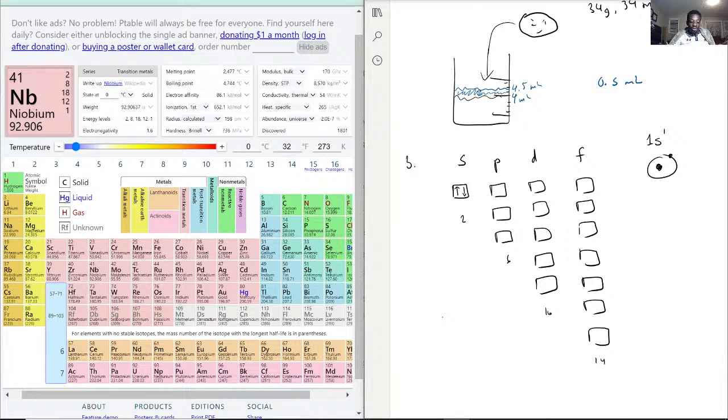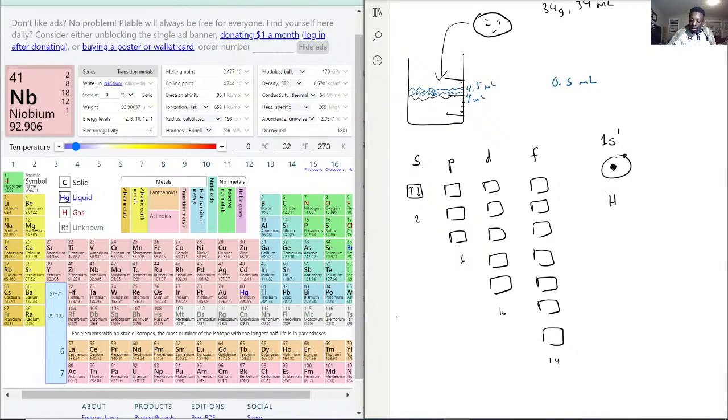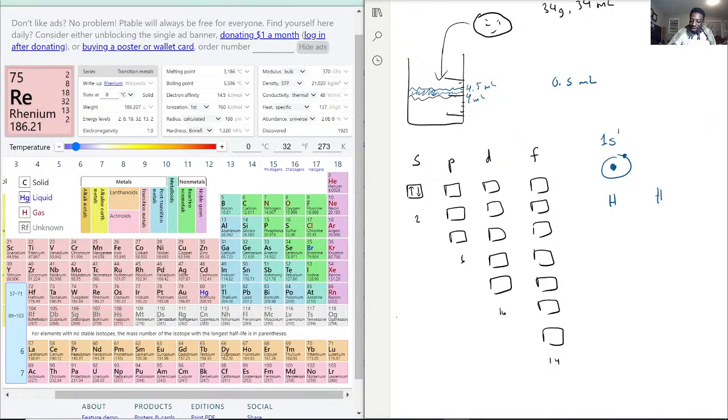Now, instead of skipping down to beryllium, you actually go to the next element, helium. It's a nucleus and 2 electrons on this shell, and this one's called 1s2. That is for the S row specifically.